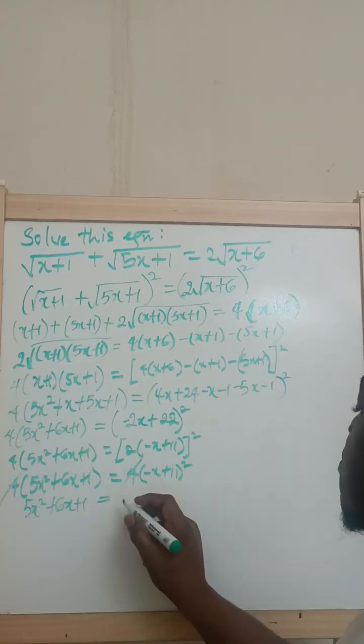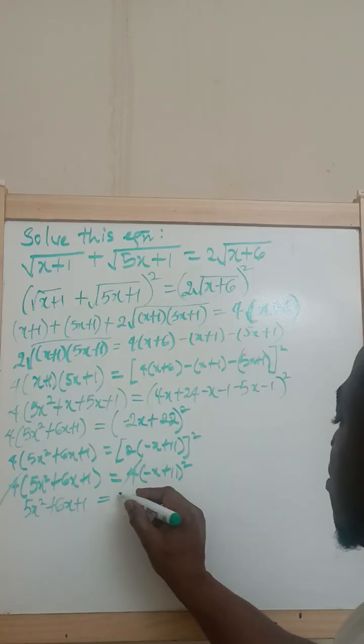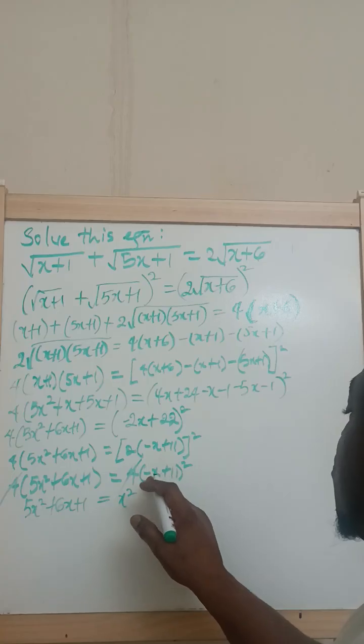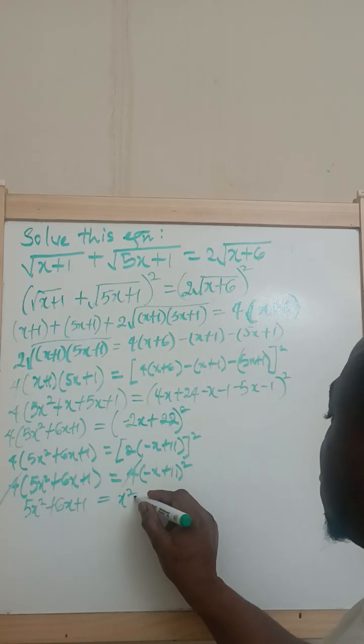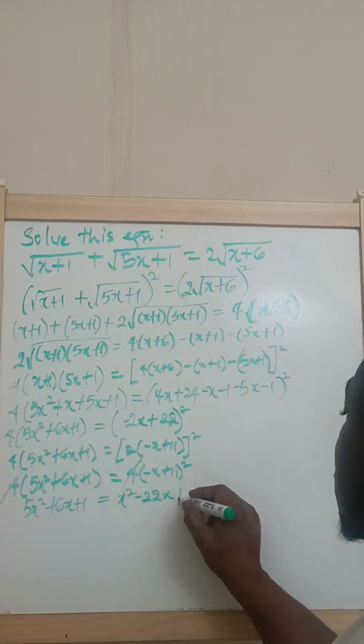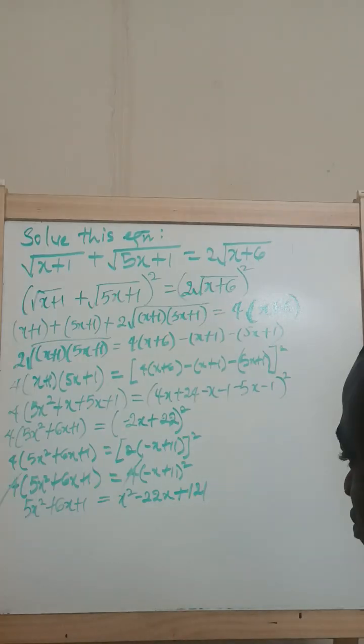While this one, we open these brackets: you square this, that will be x squared. Then you multiply this and this together and use 2 to multiply it, so that will be minus 22x. Then open this one, that will be 11 squared, that's 121.